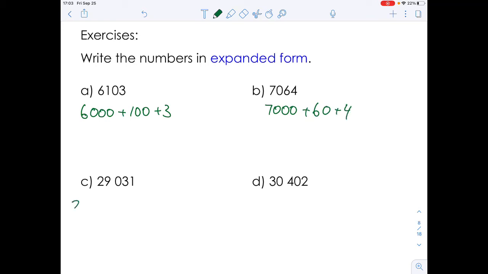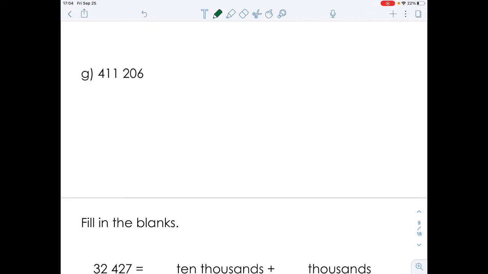C, we have 20,000, written like that, plus 9,000 plus 30 plus 1. And for D, we have 30,000 plus 400 plus 2.